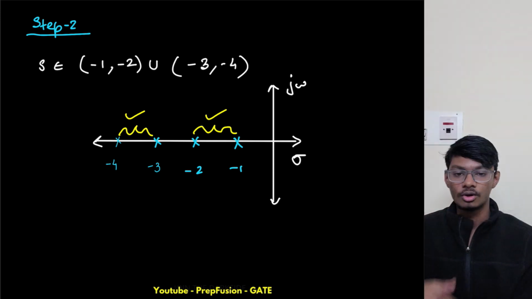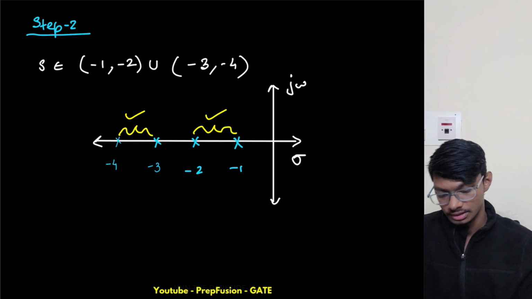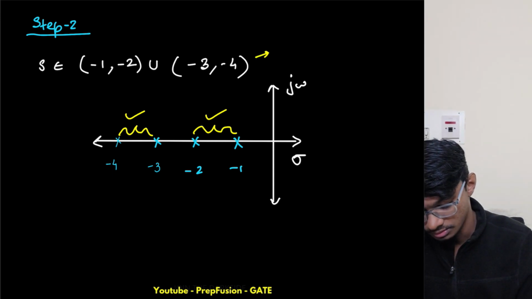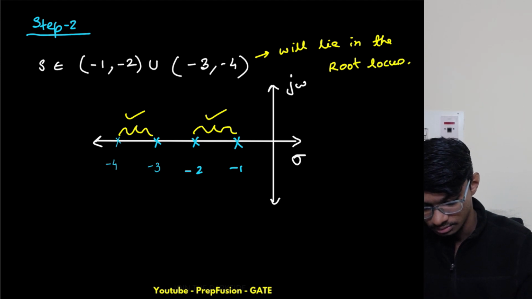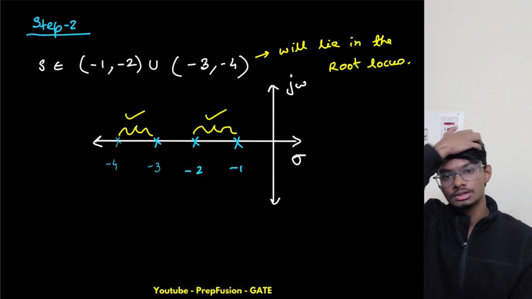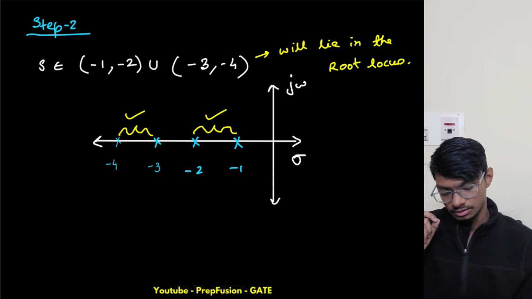So S belongs to this range basically. This will lie in the root locus, right? So if this lies in the root locus, that is done.